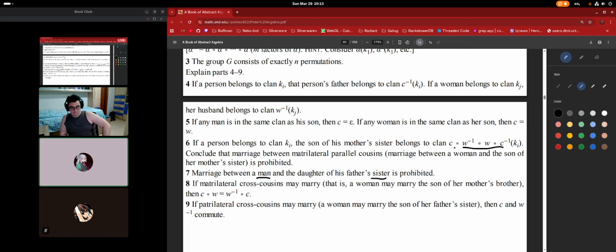Basically, you have to prove that this is different from W, right? You have to prove that this is different than W. Like there are no W factors at all. Like the daughter of your father's sister, for her to be able to be your wife, then her clan must be W of your clan.